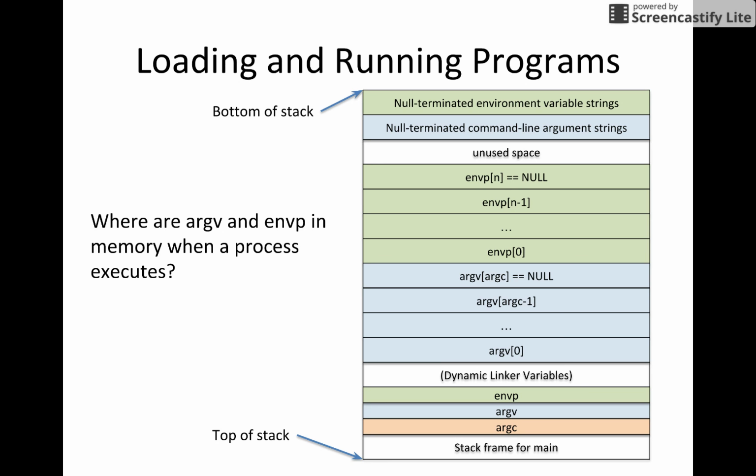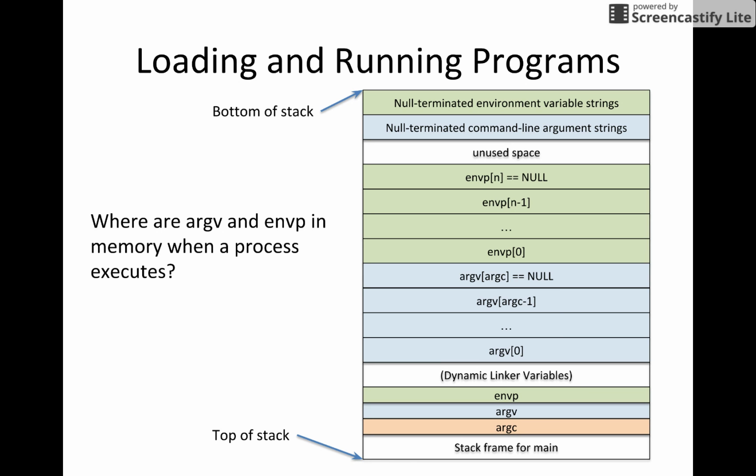Then we have envp, argv, and argc, which are two pointers, one for the environment variable array, and the next one, which is the pointer to the array argv. Then the last one is the actual integer, which is the number of arguments. And then finally, we have the stack frame for main. And that's all. That's how the entire program is constructed in memory, at least at the beginning of its execution.